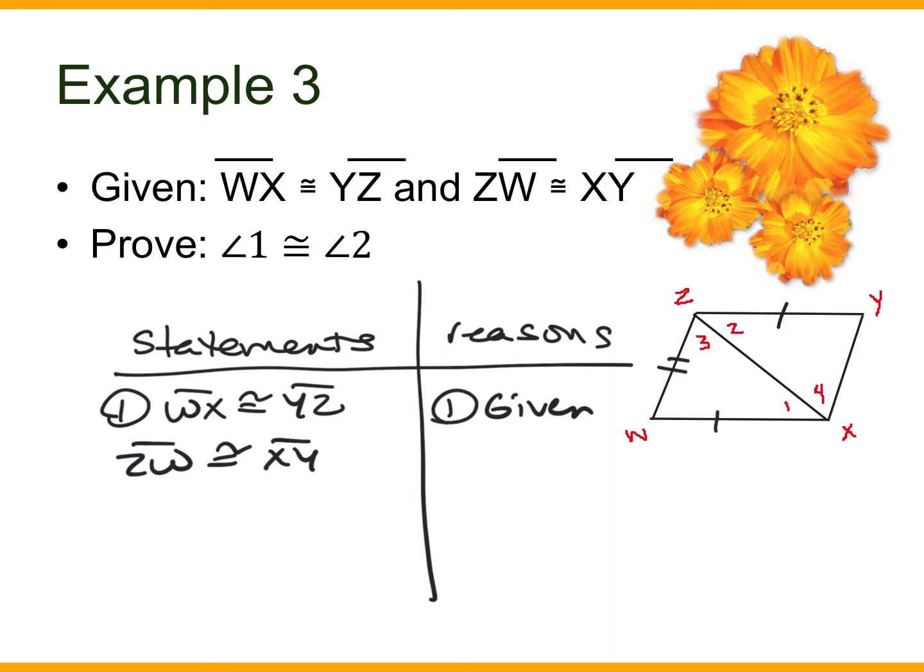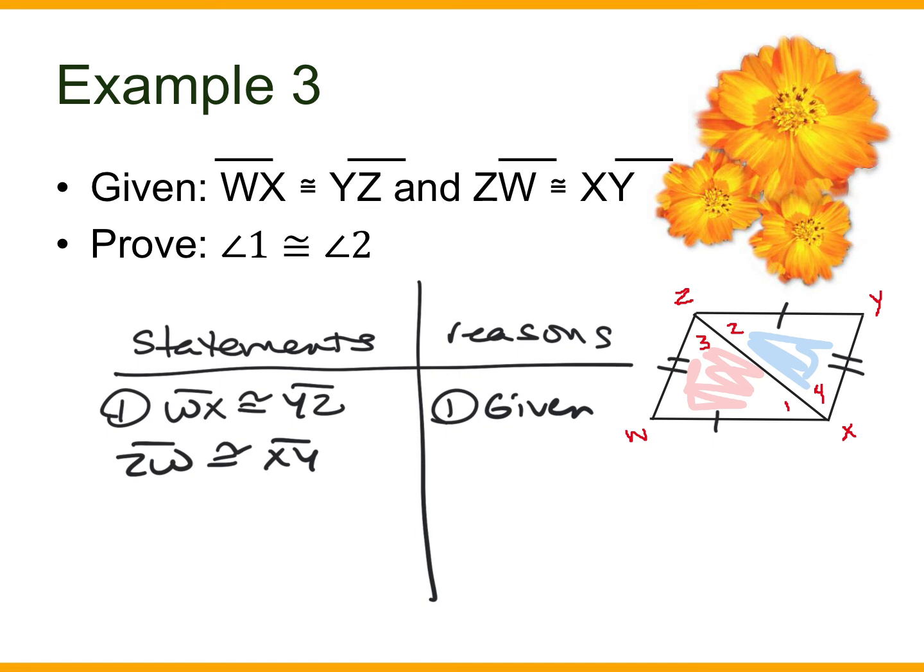Right now, I'm trying to prove that this triangle here is congruent to this one. Then I can go back and show angles 1 and 2 are congruent.